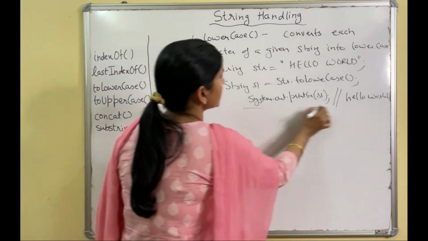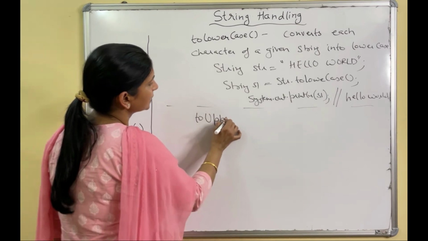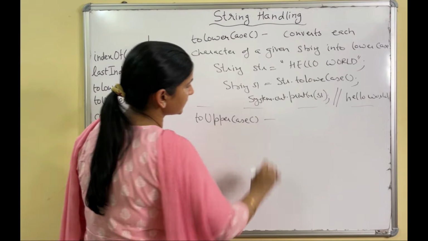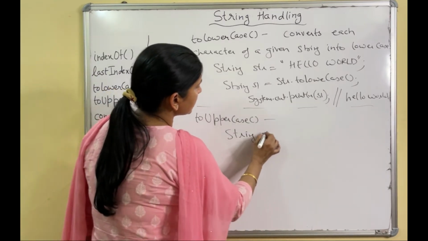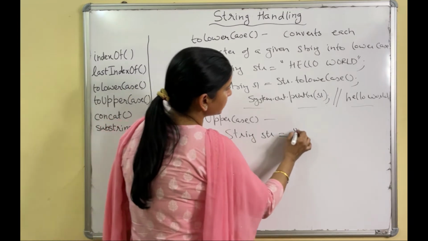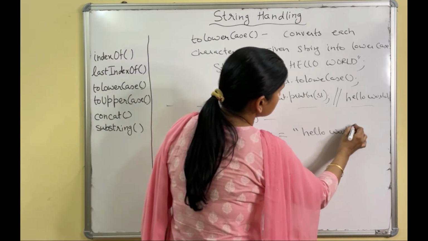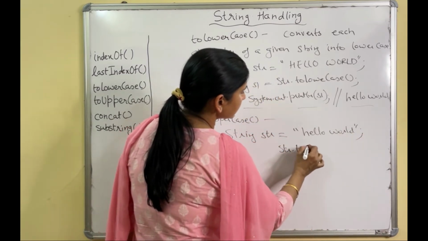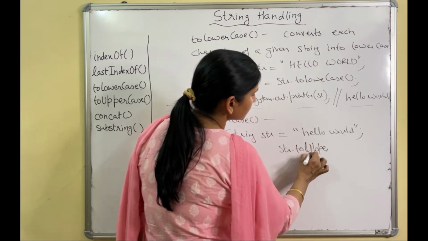Fine. In the same way, toUpperCase will convert each character of a given string into uppercase. For example, if I take a string str, now I am taking lowercase hello world. So it will be converted into uppercase. str dot toUpperCase, without space.